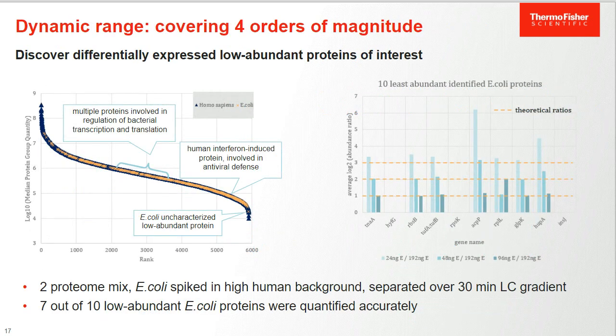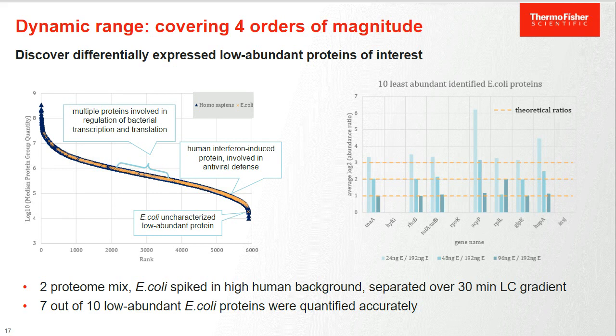Here I am showing the spread of differentially expressed human and E. coli proteins in a two proteome samples experiment. Proteins involved in various cell regulatory activities were identified here. Multiple proteins involved in bacterial transcription and translation were identified from bacteria.